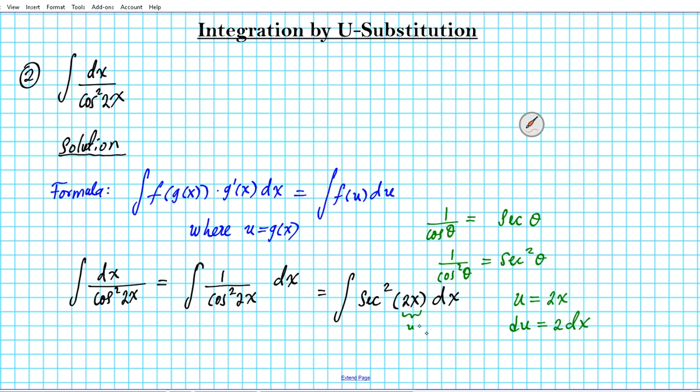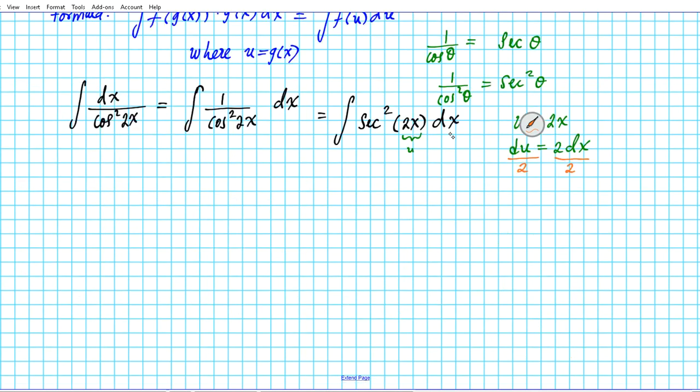Okay, why? Well, we have 2 dx here, and this is just dx by itself. So we need to have an identical match on the right side of our equation in order to be able to carry out the substitution. So in order to rectify the difference, we're just going to simply divide both sides by 2, since we cannot have anything attached to dx in order for it to match perfectly.